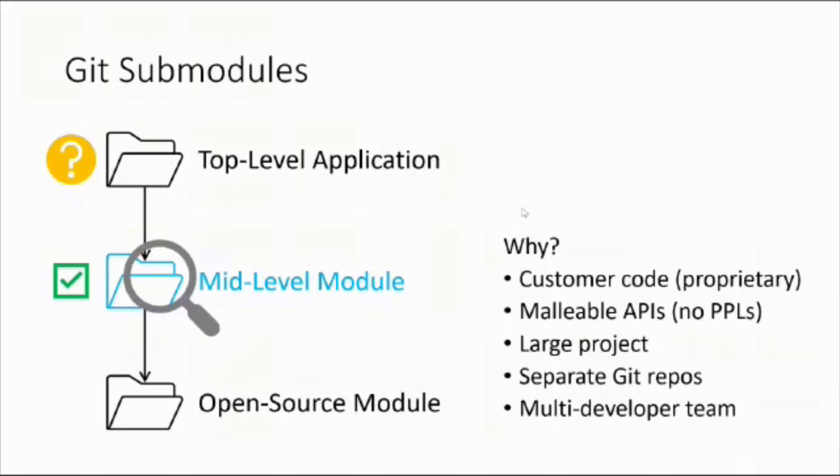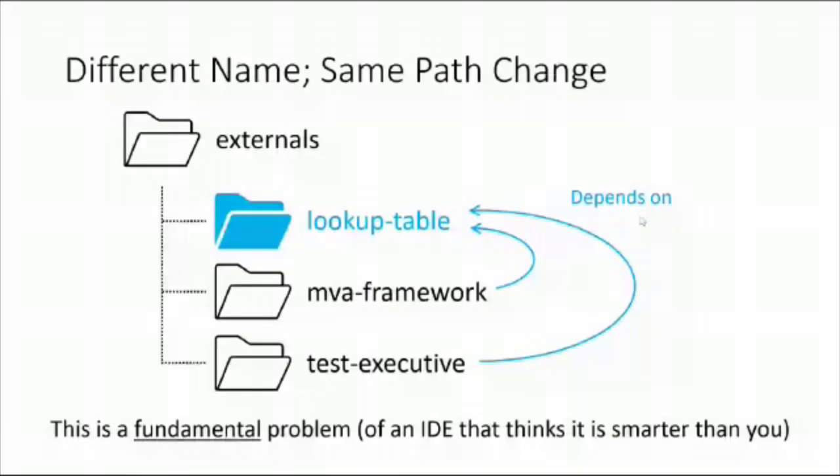Well, lo and behold, we have the same path shift that occurs with G Package Manager, or anytime you try to take LabVIEW VI files, move them to a new place on disk, and compile them into this project to be consumed. This is a fundamental problem of an IDE that thinks it is smarter than you.